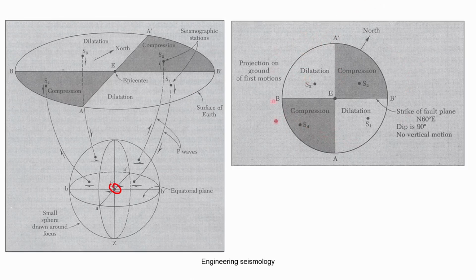That is called the source mechanism. This is a typical source mechanism for a strike fault plane, north degree east, and dip. So, this will also give you the dip and strike angle, and how much compression and tension force is released in the particular place.